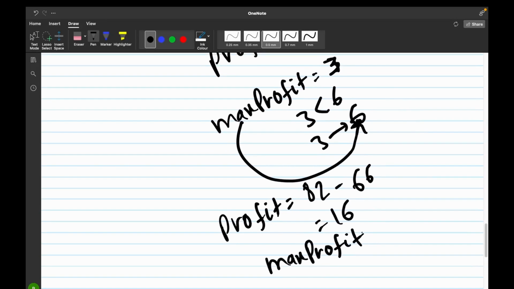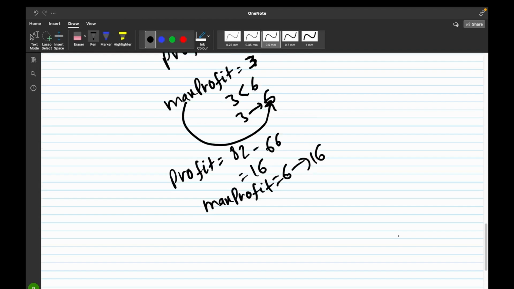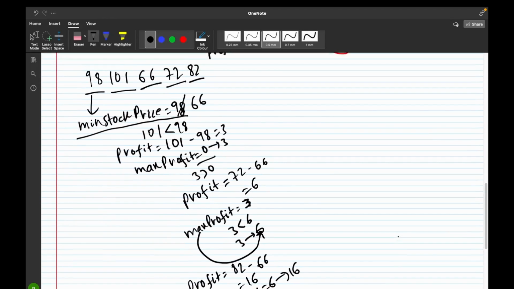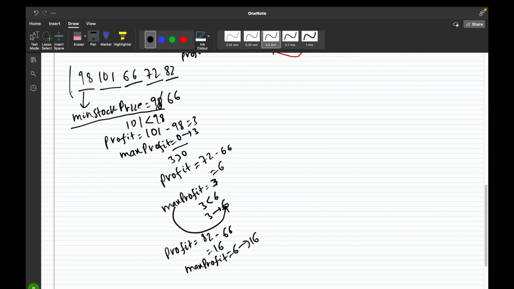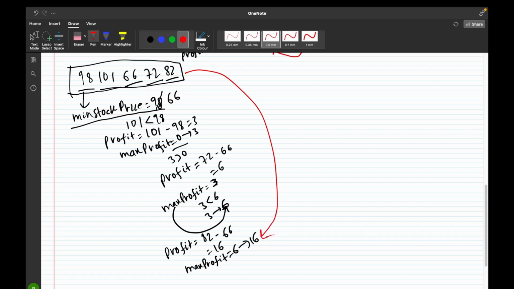Max profit was currently 6, so comparing it with 16 would give max profit the value of 16, because 16 is greater than max profit. So from this we arrived at the maximum profit that can be generated for this array, which is 16. That's how we would go about solving the problem.